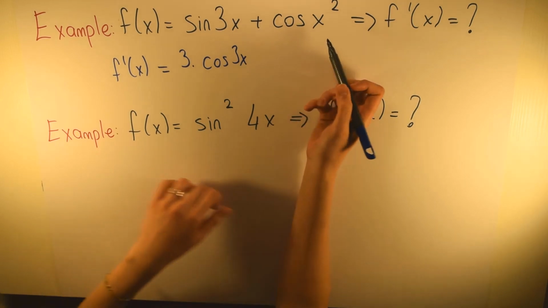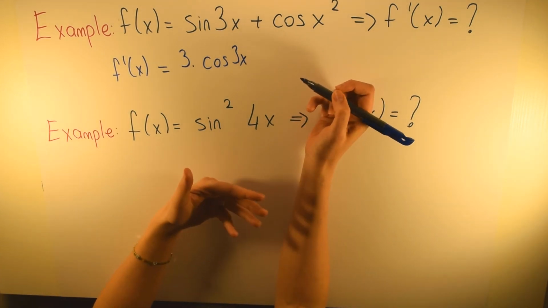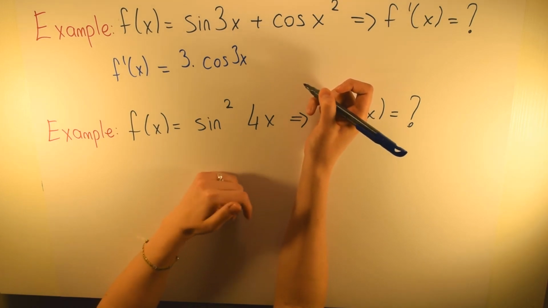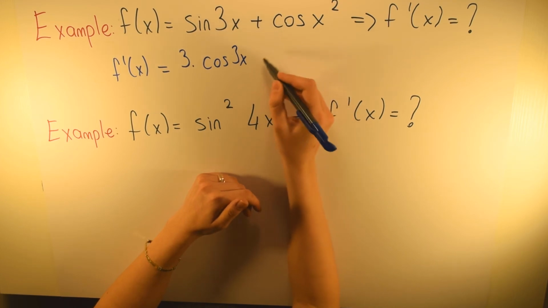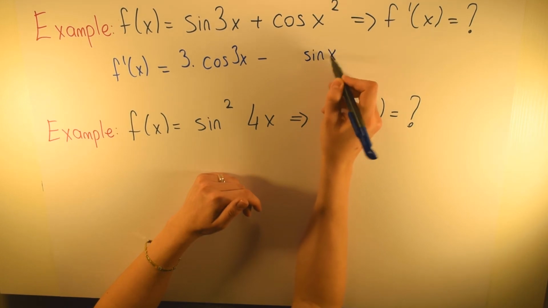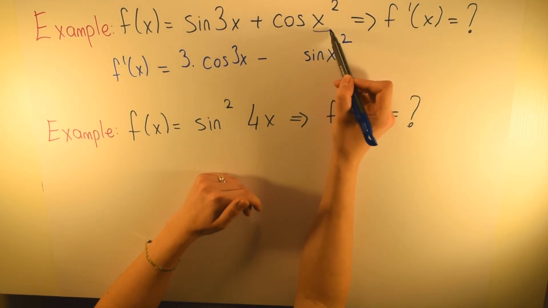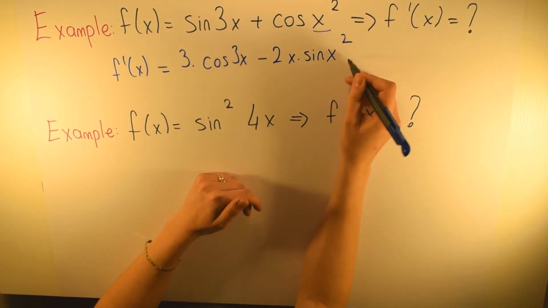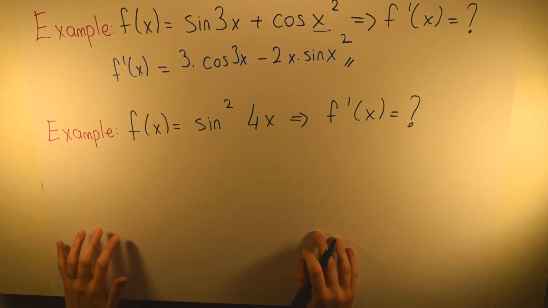So here we have cosine x squared. So I know that the derivative of cosine is equal to minus sine. So how we write its derivative, it's equal to minus sine x squared. Okay, and also I need to take the derivative of this part, which is equal to 2x. So this is the answer for our example. Let's look at our second example.